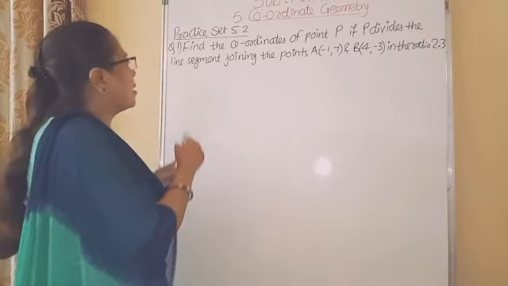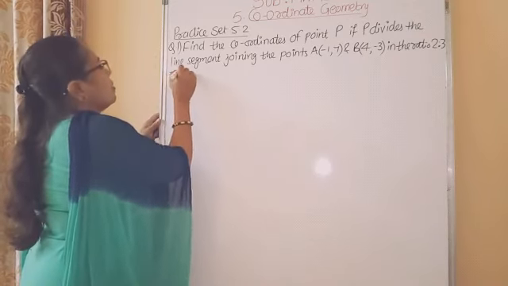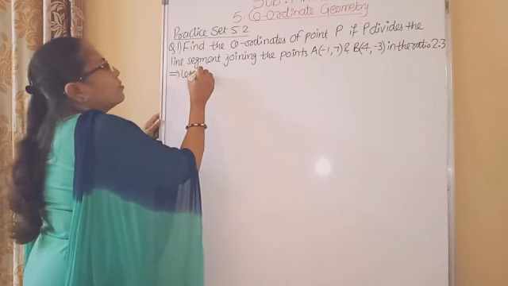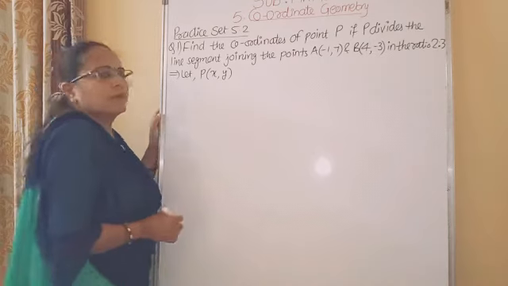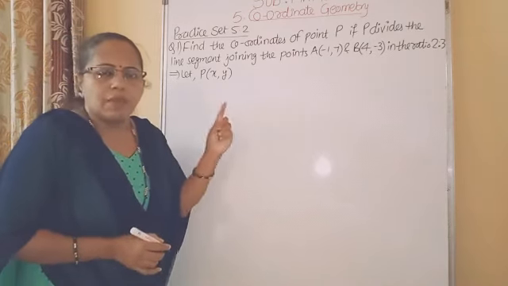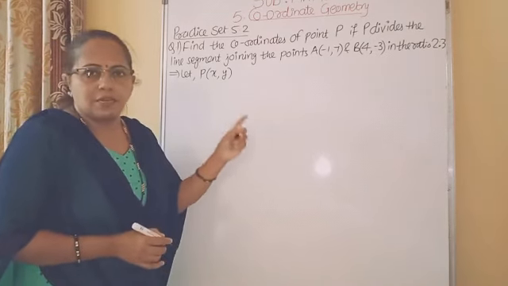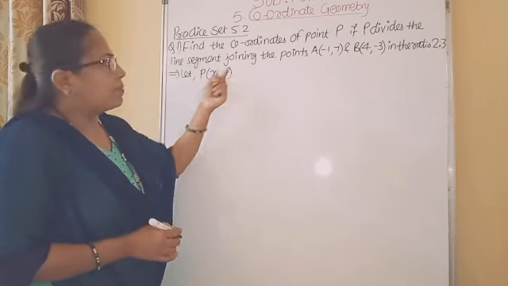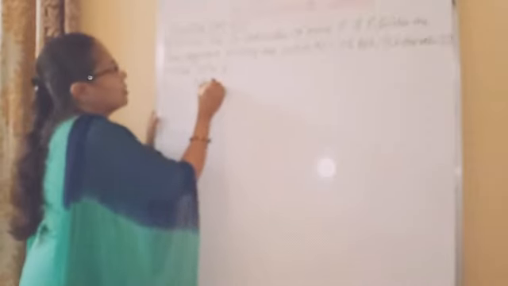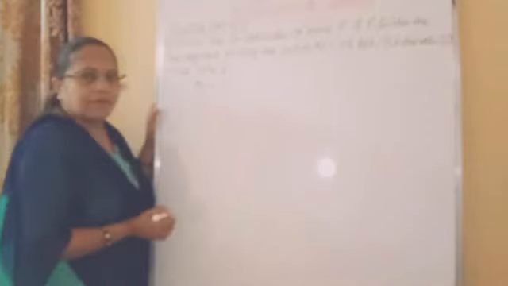Okay. So here we will assume coordinates of point P be (x, y). Students, always remember, the point which divides the segment in the ratio, its coordinates we will assume (x, y). Then coordinates of point A are given (-1, 7).